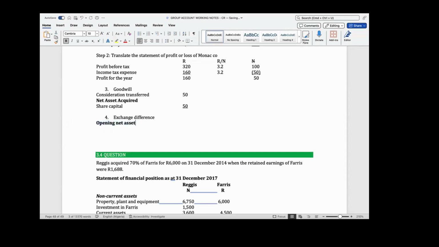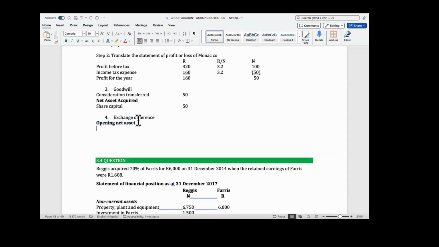I will look at what rate they changed it. I don't know my opening net assets, but I can get them as my closing net assets if I remove profit for the year.